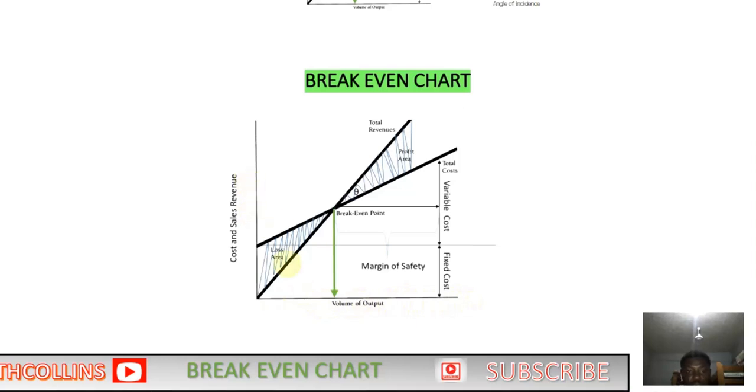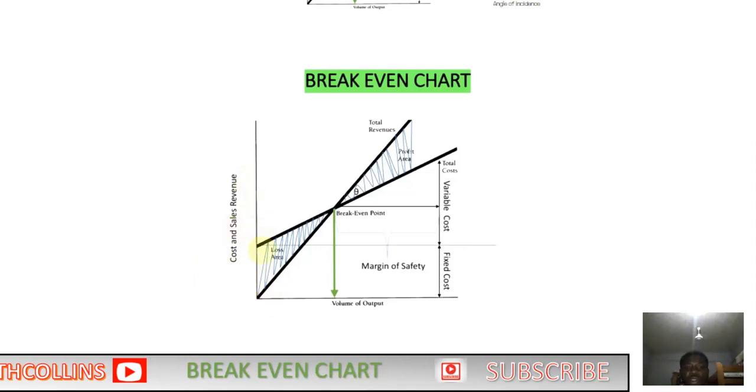On the y-axis we would have the cost and sales revenue, and it's cost and sales revenue because the cost includes the fixed cost, and the fixed cost is the rent and the cost of machineries and other costs, even labor costs.